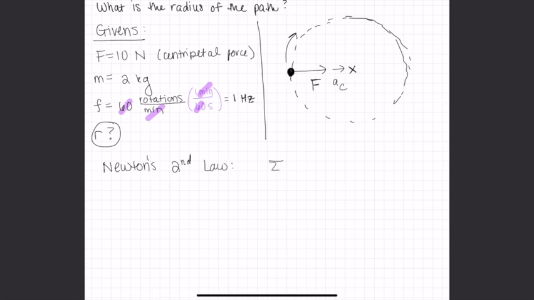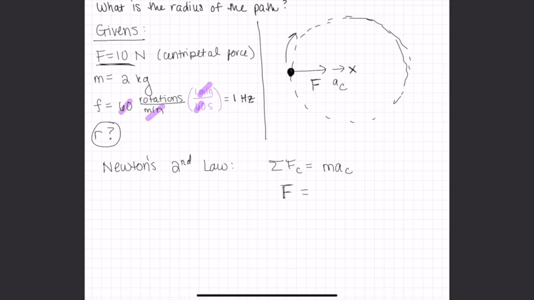So that would be the sum of the centripetal forces is equal to mass times the centripetal acceleration. The only force we have here acting in the centripetal direction, direction in quotes here, basically pointed towards the center of the circle is all I mean by that, is that F equals 10 newtons that we have defined. So I'm just going to write that as F.